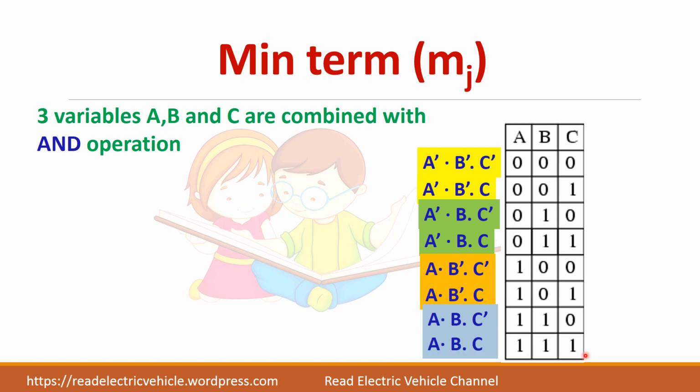And the last one all are 1, so it is A, B, C. So we have taken 3 variables with dot product, so it is a minterm. So all these are minterms. So minterms here always start from 0, 1, 2, 3, 4, 5, 6 and 7. So totally 8 will be there starting from 0 to 7.